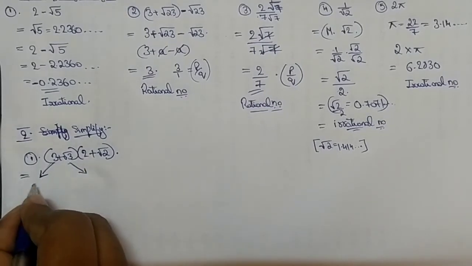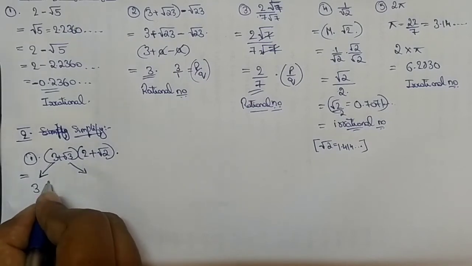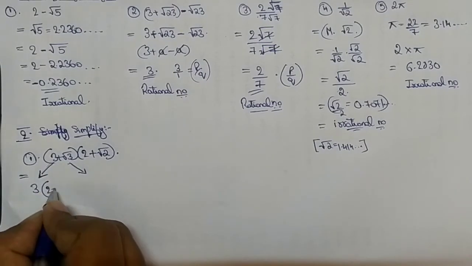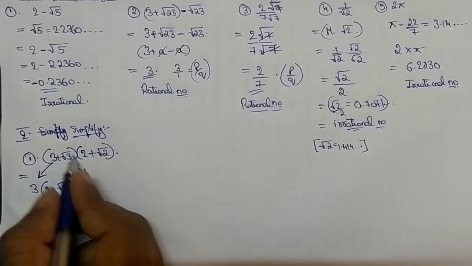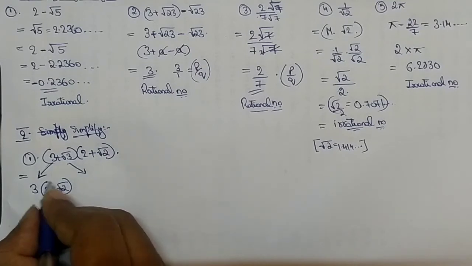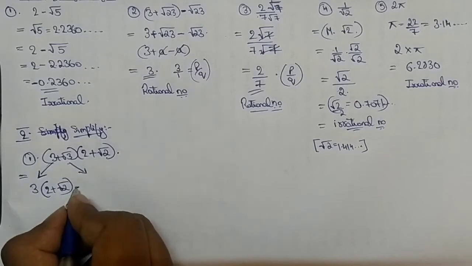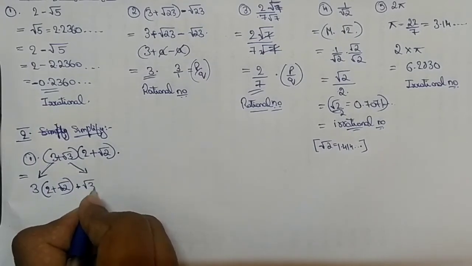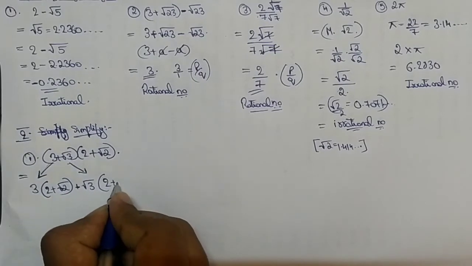Take first term of the first, that is nothing but 3 into 2 plus root 2. First term of a first term multiplied by second whole term. Now here there is a positive root 3, second term of a first term into second whole term.